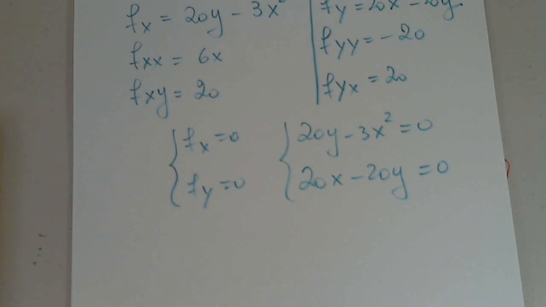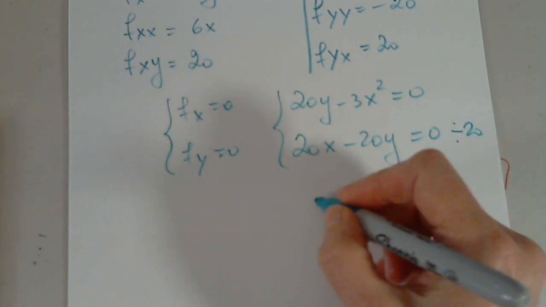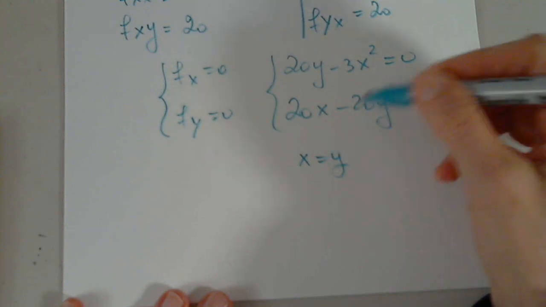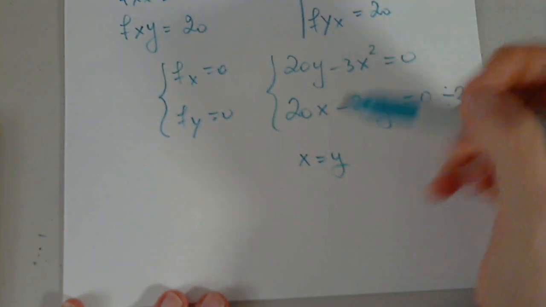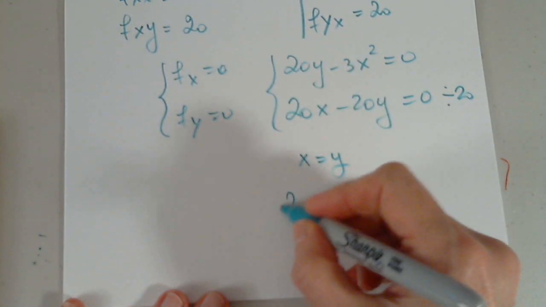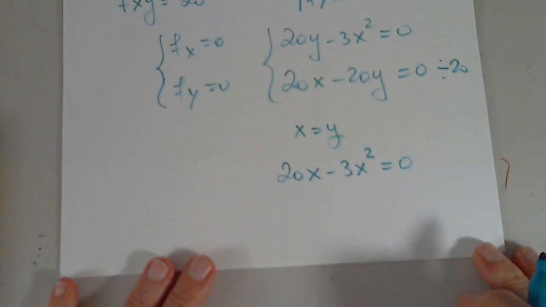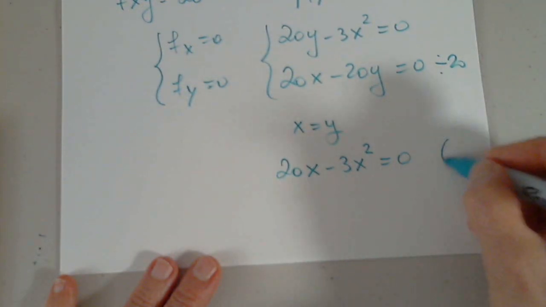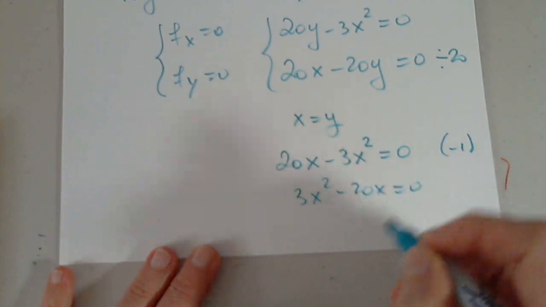Okay, perfect. So now we're trying to solve the system. I will divide both sides by 20 here, and I have that x equals y. And I replace, whichever is more convenient. I'm going to replace y by x. So I go back in the first equation. I have 20x minus 3x squared equals 0. So I will multiply both sides by -1. 3x squared minus 20x equals 0.